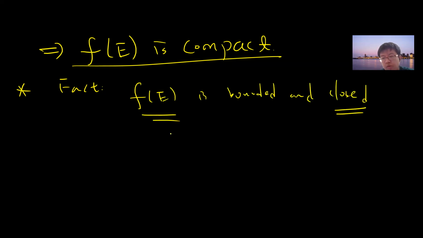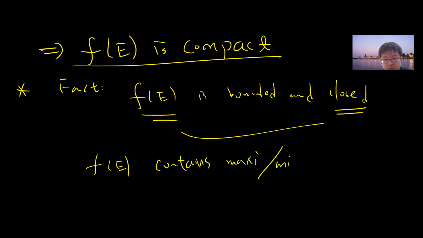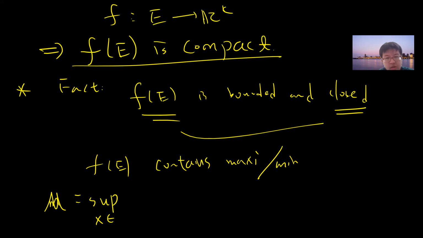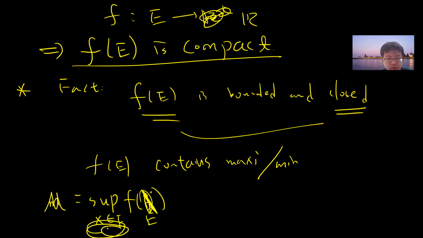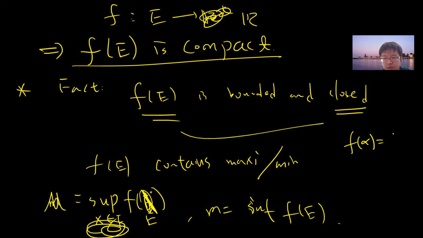Since it is closed, f of E contains its maximum and minimum. Assume f maps E into R. The maximum can be defined as the sup of f of E as a set, and the minimum as the inf of f of E. So there exist alpha such that f of alpha equals big M, and beta such that f of beta equals small m.